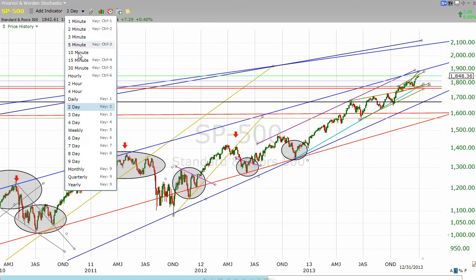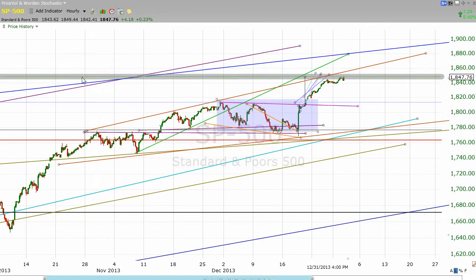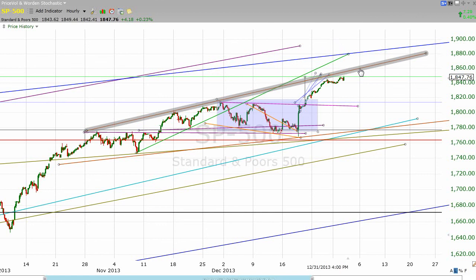We're not that far from it. It's up here at about 1880, only 32 points away. So if the S&P can power up over this brown line, then let's see if it's got enough strength to make it to that line.